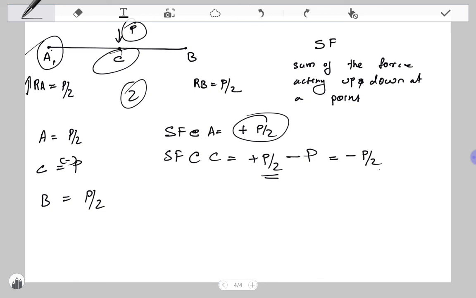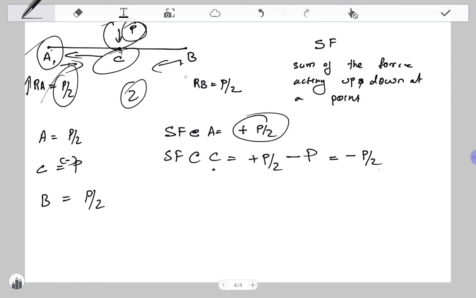For this kind of calculation of SF at a point, the reactive forces will be considered from only one side, either from A to C, or from B to C. So when I say SF at point C, then the force acting downward at the point is P and the reactive force before the point C, that is coming from A, is P by 2.